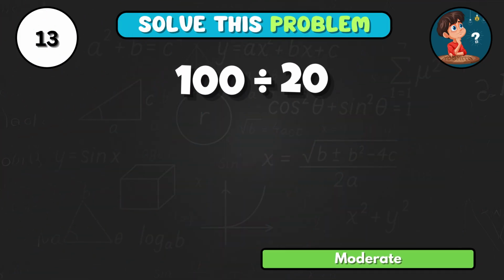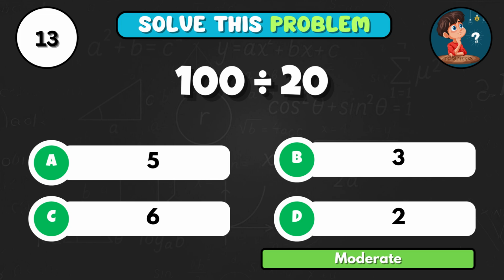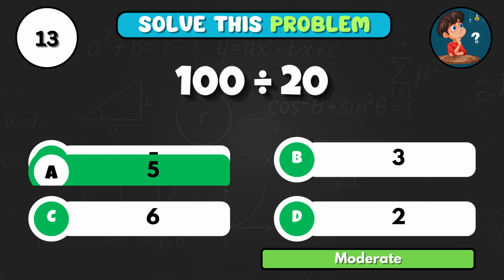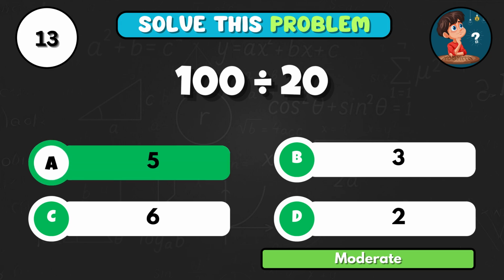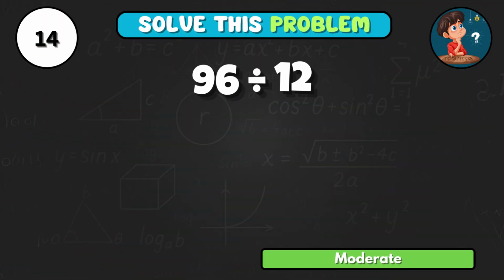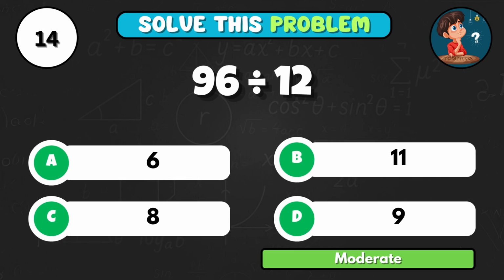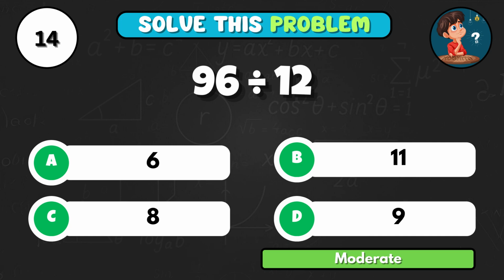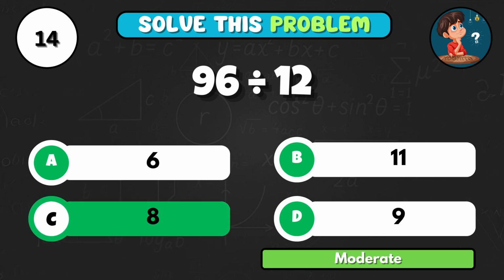100 divided by 20 equals what? That's A, 5. Divide 96 by 12. It comes to C, 8.